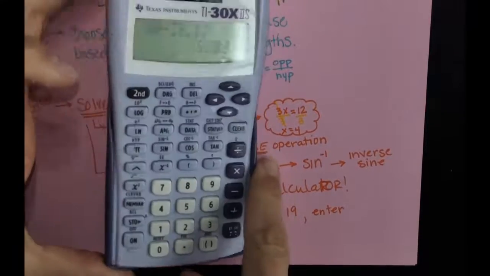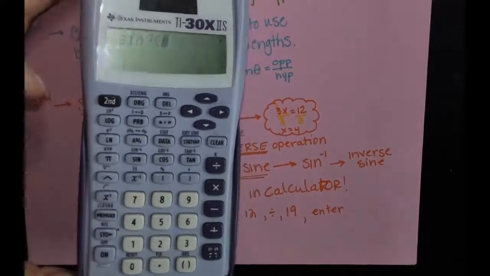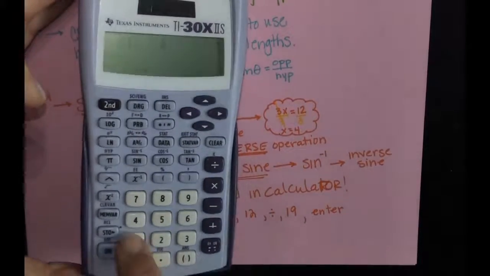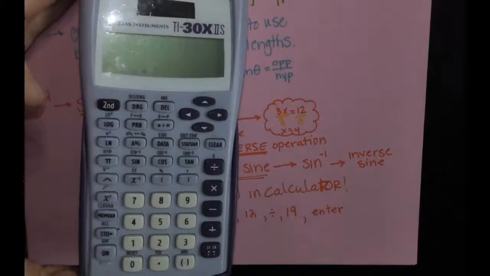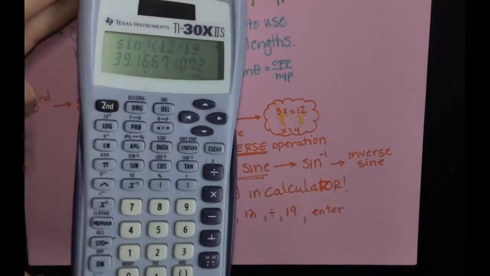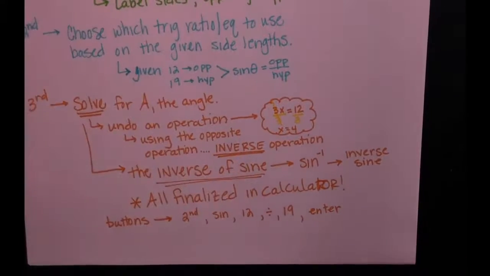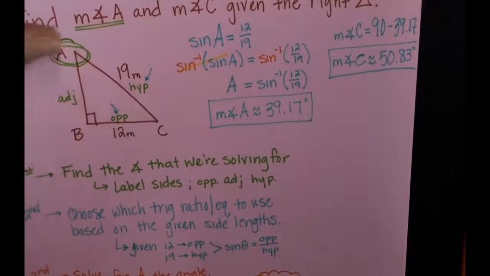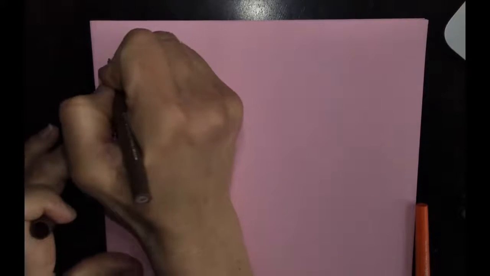So again, second sine, 12 divided by 19, enter, and it gives us our angle measure. All right, one more example, and then I am done, and hopefully if we watch this, we'll see our steps a little more clearly. So example.